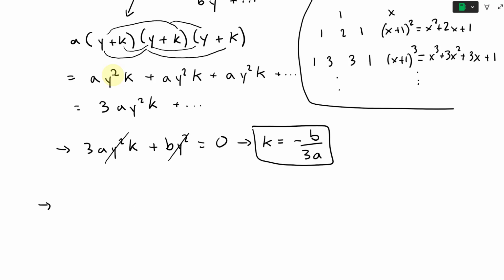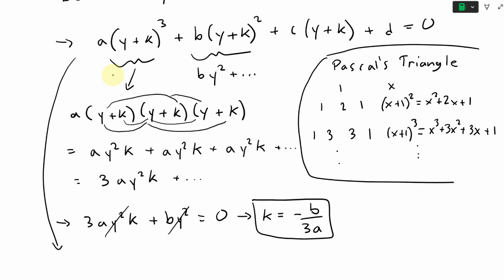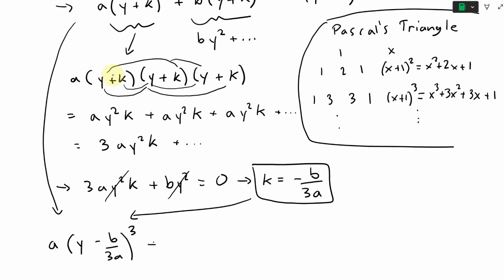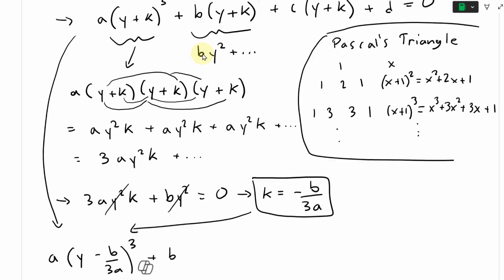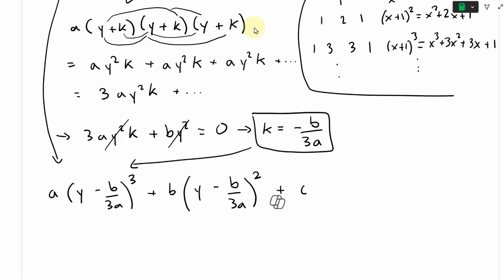So this goes in here, and we're going to get a times y minus b over 3a cubed, and then plus b times y plus k, like that, y minus b over 3a squared, and then the next one's going to be c times y minus b over 3a, like that, and then the next one is d equals 0.